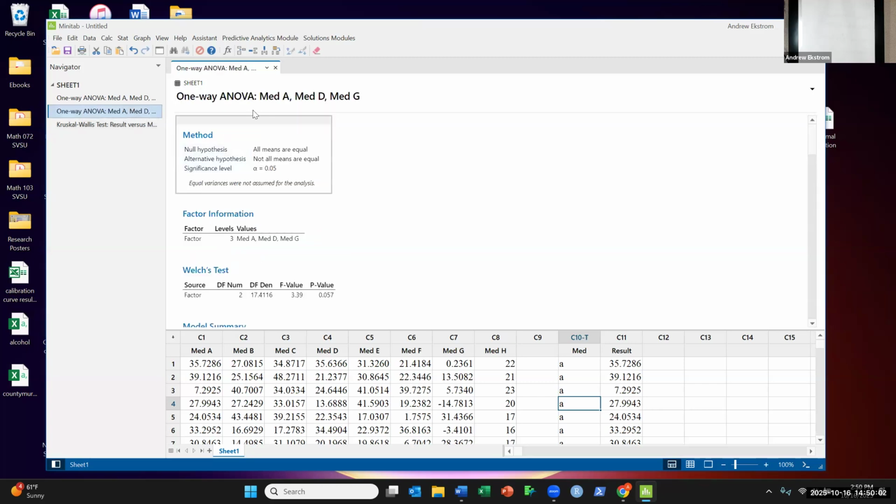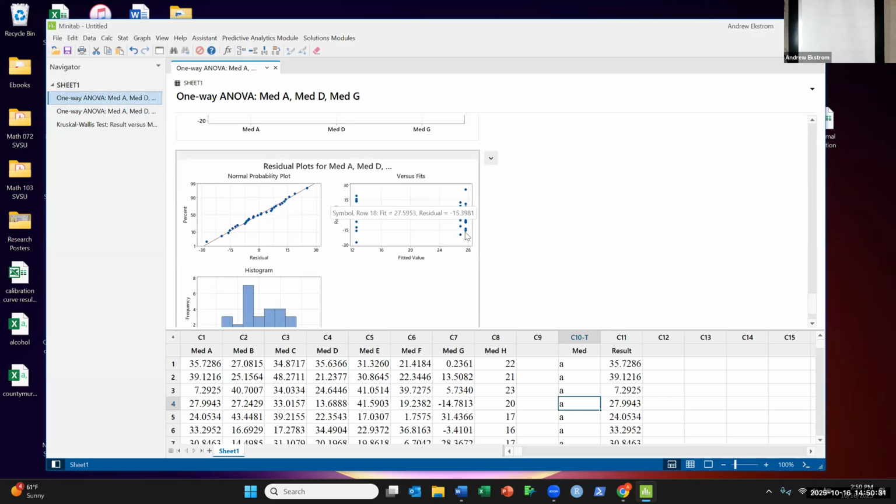The ANOVA that we had here, where we do not assume equal variances, as long as the data is normally distributed, this would be a valid result for everything that we do. And it says there is no statistically significant difference between groups.